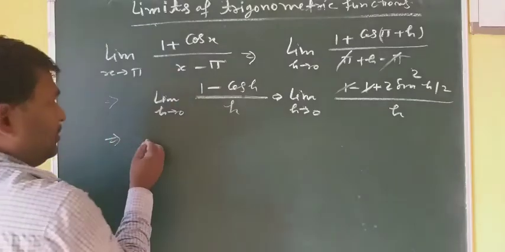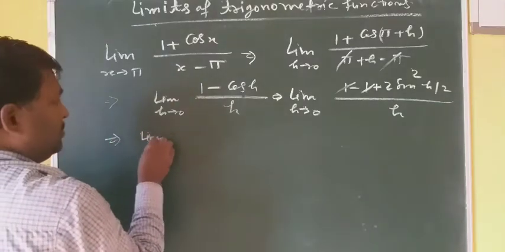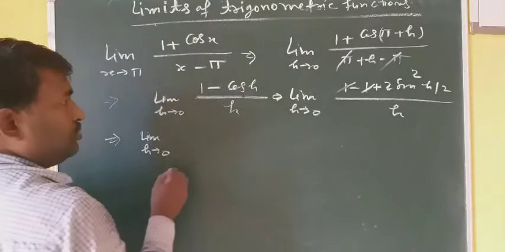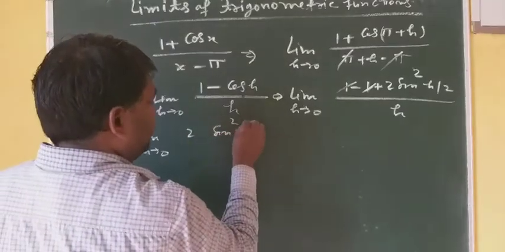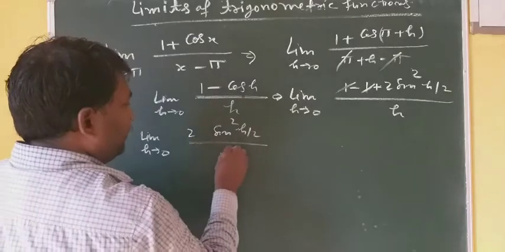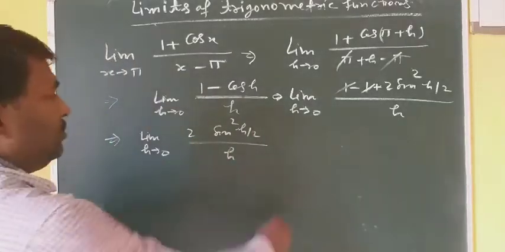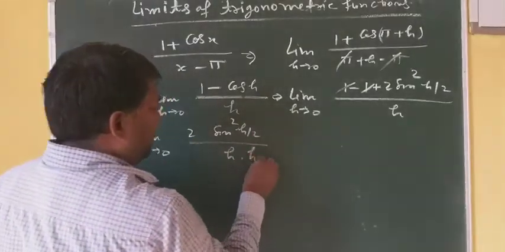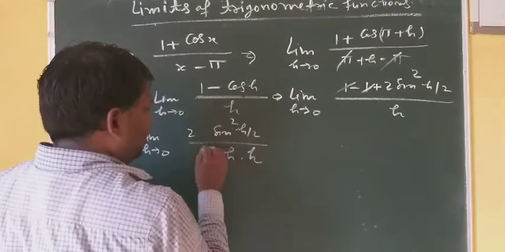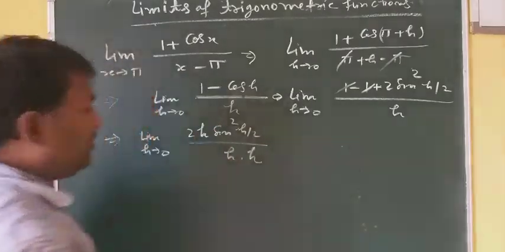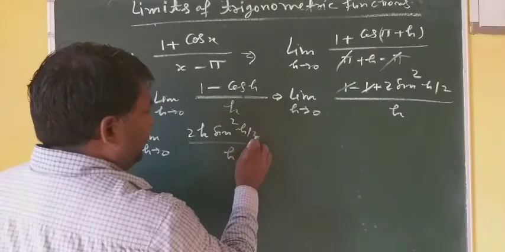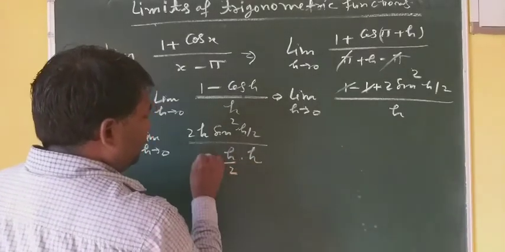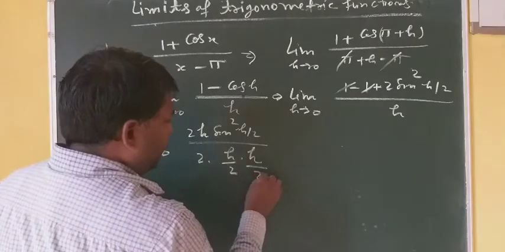It implies limit h tends to 0, 2 sin square h by 2 upon h. Now multiplying and dividing by h in numerator and denominator, it will be like this, and here it is h by 2. So here by 2 into 2, one more by 2 into 2.